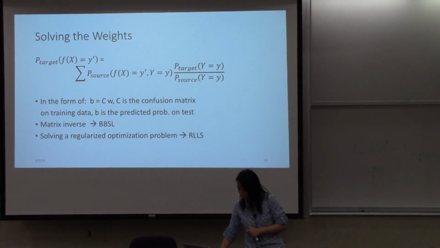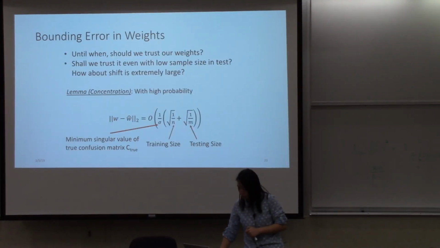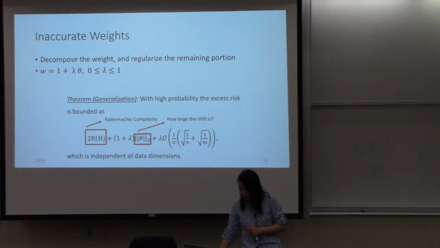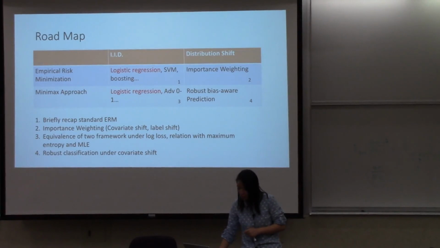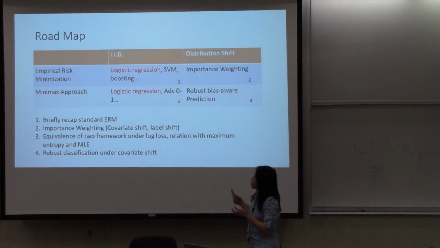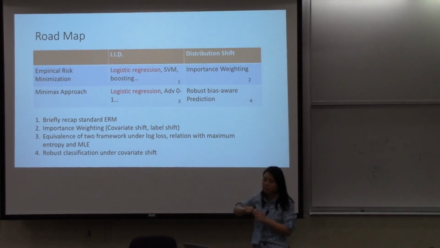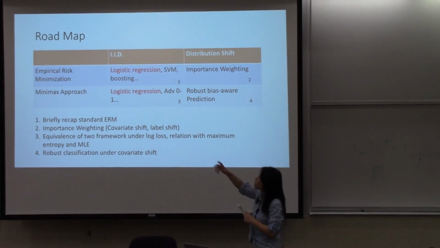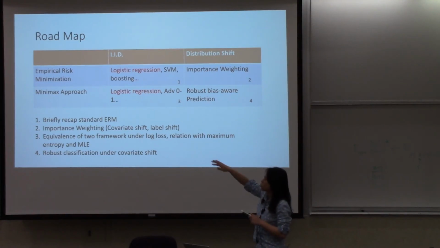Yes, so there are some bounds. I think we probably will skip this. I think I just finished the first two parts in this talk. As a wrap up, we talked about ID, then we talked about distribution shift, and there are two general methods. But in this talk, we do not have time for the second one.